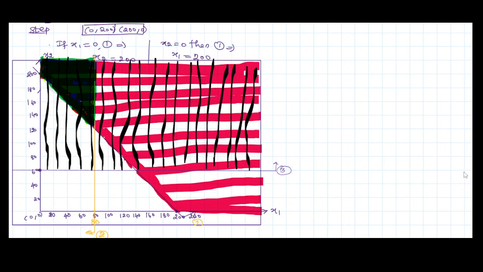Let us find the corner points of the feasible region, which will help us find its minimum value.